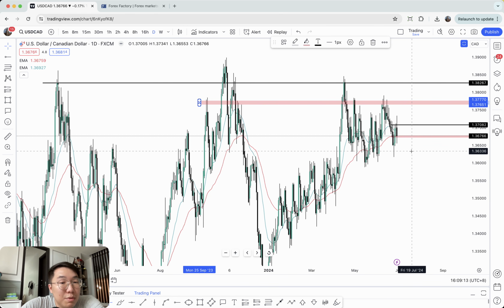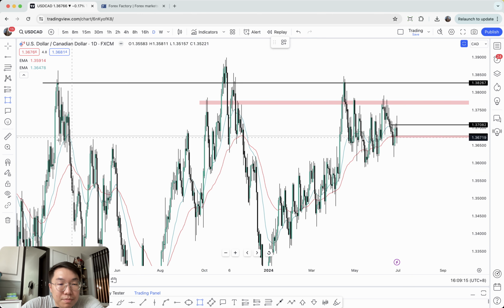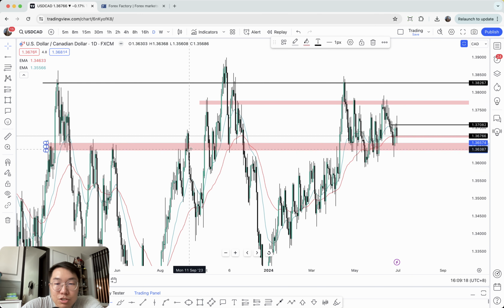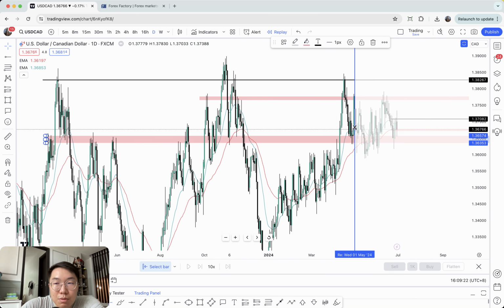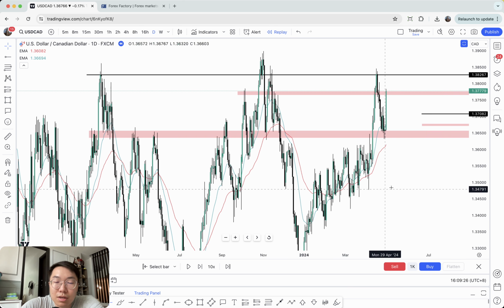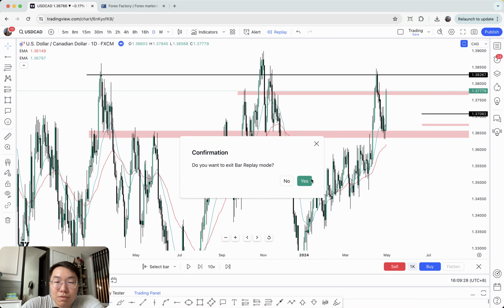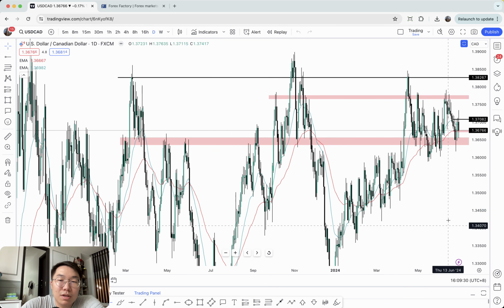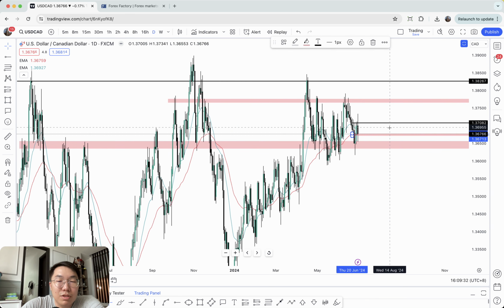So where was the major support? Here, very obvious: one major support at 136.43. If you put on a replay, it was very noticeable as well. This is one of the main reasons why I keep saying that short term we're going to see dollar CAD retrace.